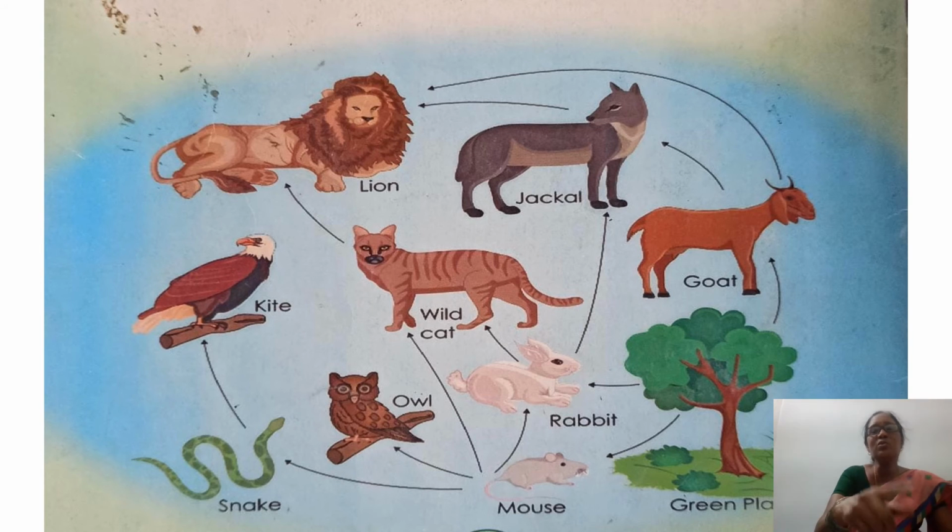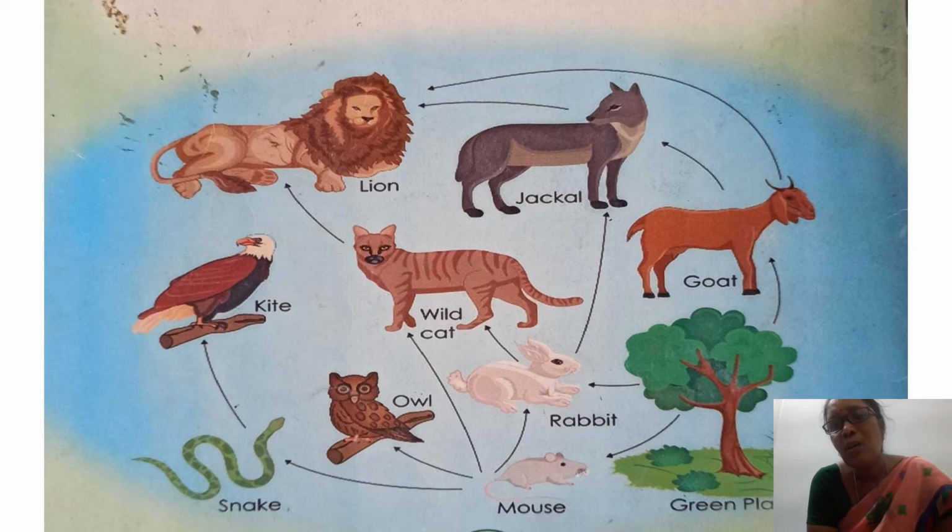But these food chains are related to each other, see. The food chain may go from plant to goat, and from goat it may go to jackal and lion. This is also rabbit, cat, lion. The jackal eats rabbit also, doesn't it? That way also the food chain goes.